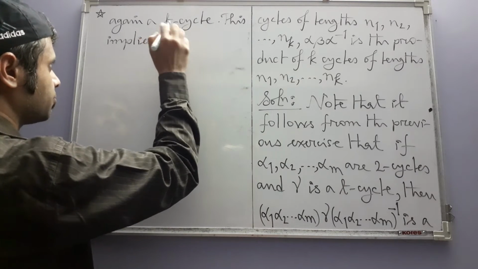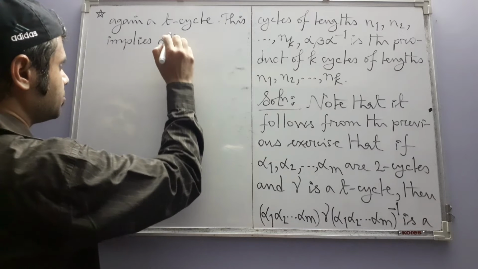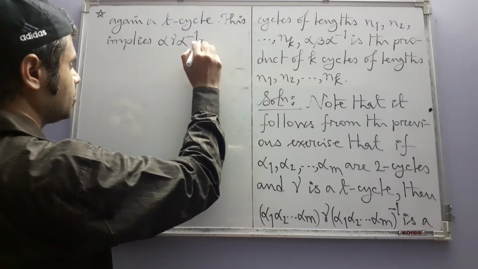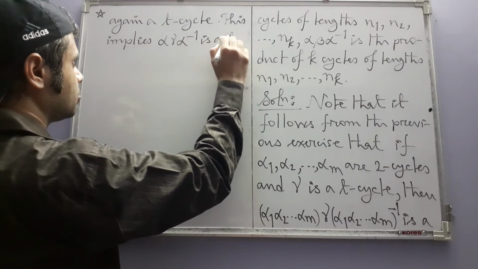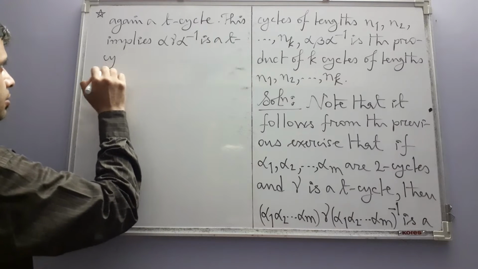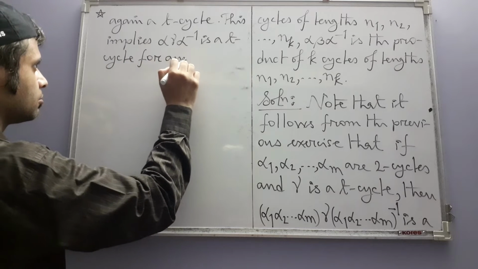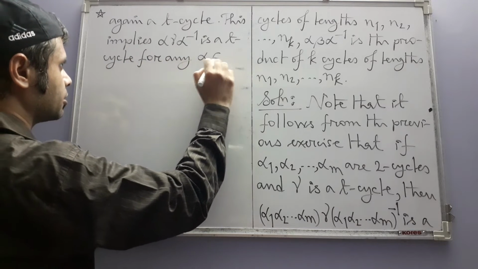This implies alpha gamma alpha inverse is a T cycle for any alpha belonging to Sn.